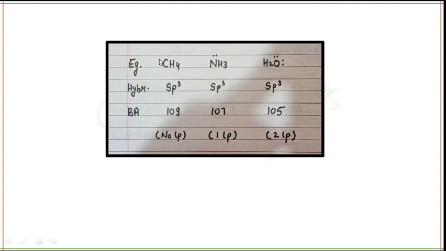As you can see in this example, bonded atoms are the same, that is hydrogen, but the number of lone pairs is different. In CH4 there is 0 lone pair. In NH3 1 lone pair is present. In H2O 2 lone pairs are present.